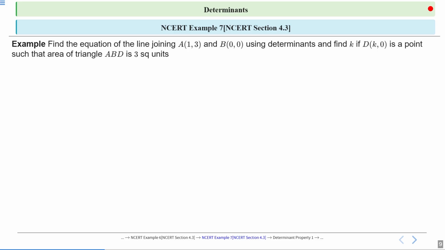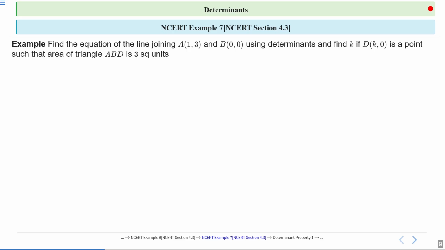So example 7 is: find the equation of the line joining A (1, 3) and B (0, 0) using determinants. At first we have to find the equation of the line joining the 2 given points. We also use the concept of how to find the equation of a line through 2 points that we already read in class 11th, but here we have to find it using determinants.